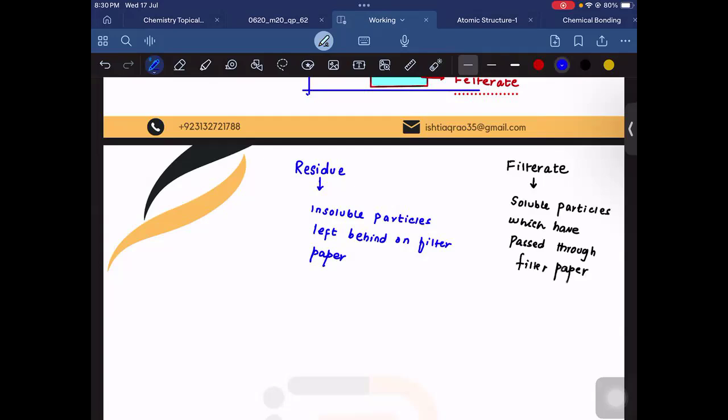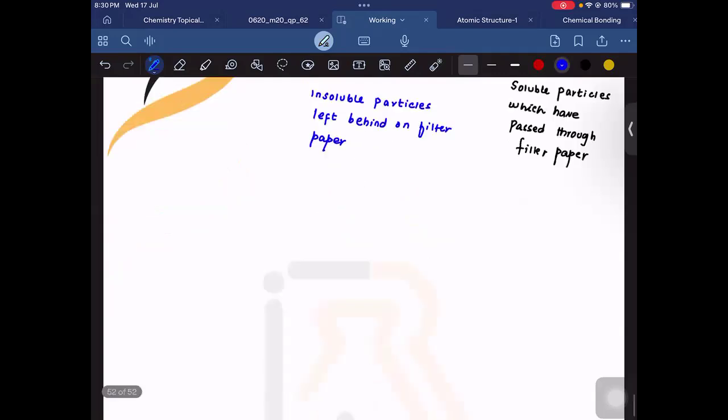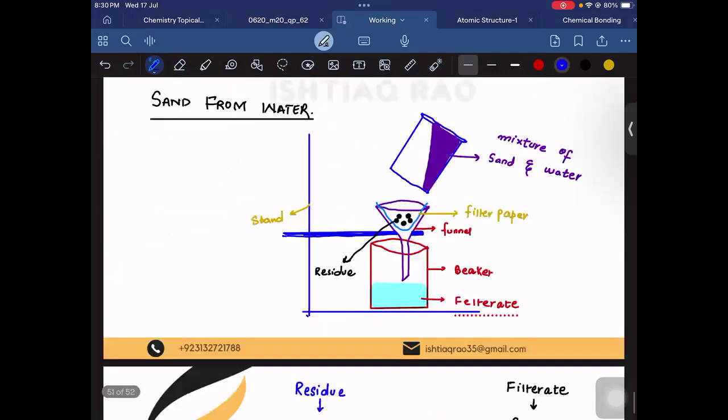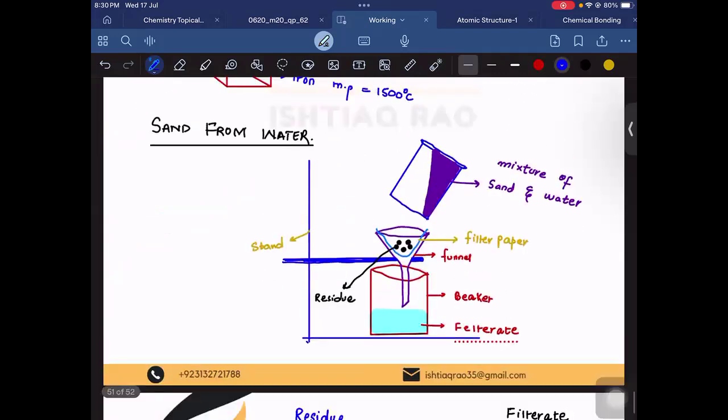Okay. So this is all about filtration. This process is known as filtration. When we do filtration, we are going to separate insoluble particles from the solution.